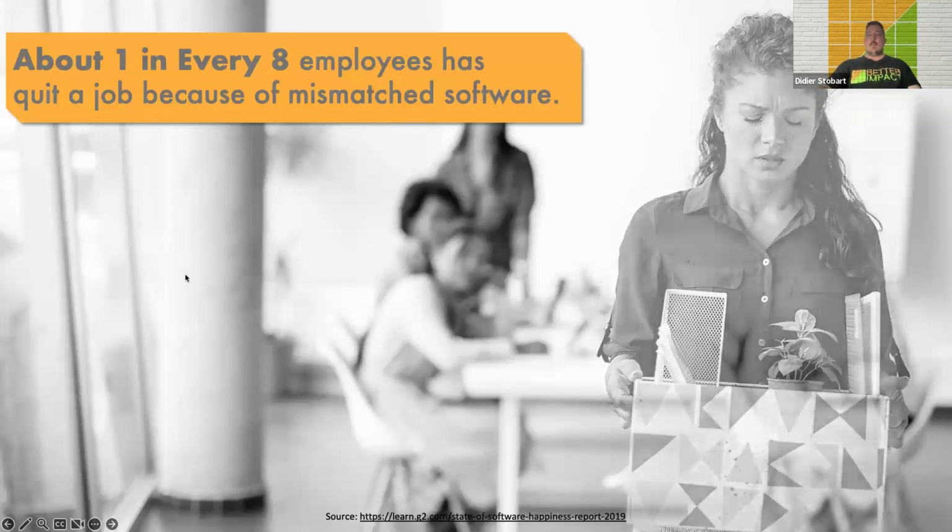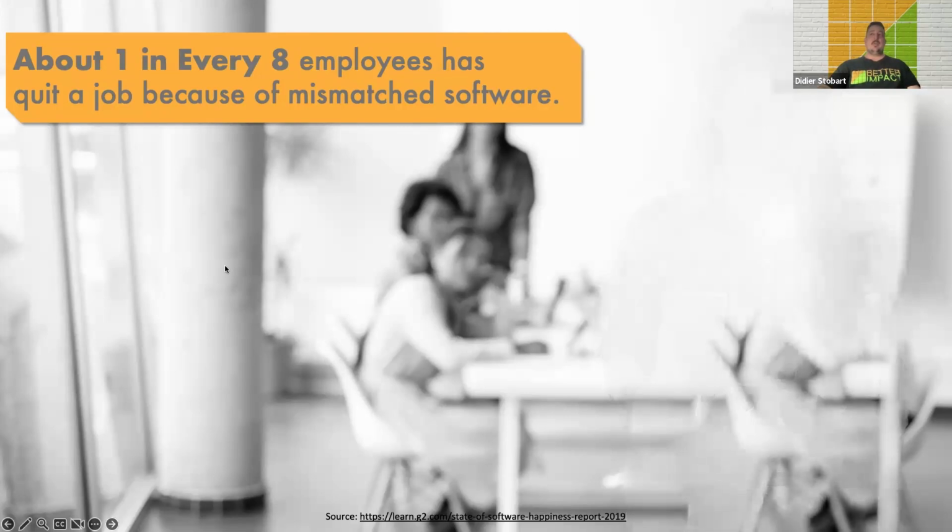Similar to that, 1 in 8 employees has quit a job because of mismatched software. So again, that would be a mix of using the wrong piece of software, using multiple software to do the same thing. Quite alarming, 1 in 8 people have basically quit a job because they're not happy with the software.